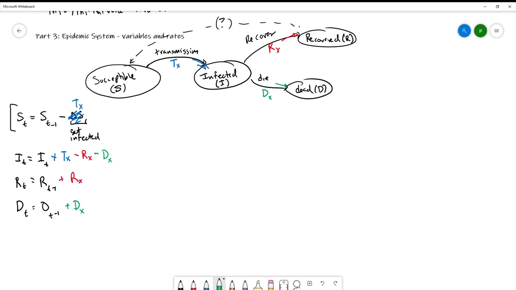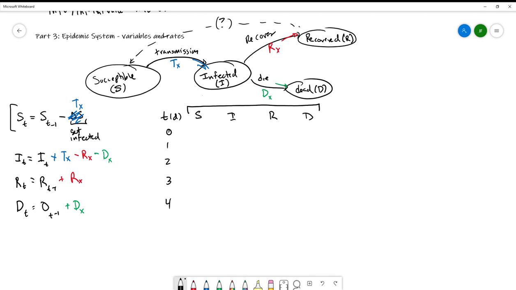Because these are now set up as discrete time steps, it suggests that we can calculate all these things with the same sort of table that we had before. So for time, in this case we can do it in days, 0, 1, 2, 3, 4, however long into the future we want to run this, there are certain variables we need to keep track of. We're going to need the number of susceptible individuals, infected individuals, recovered individuals, and dead.